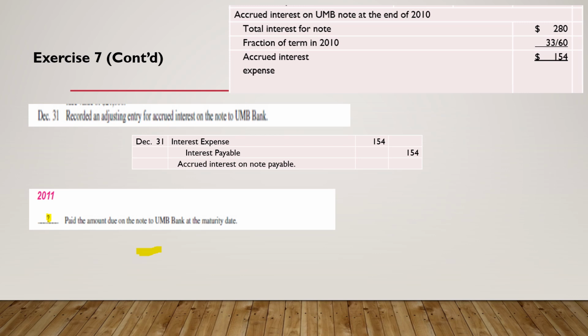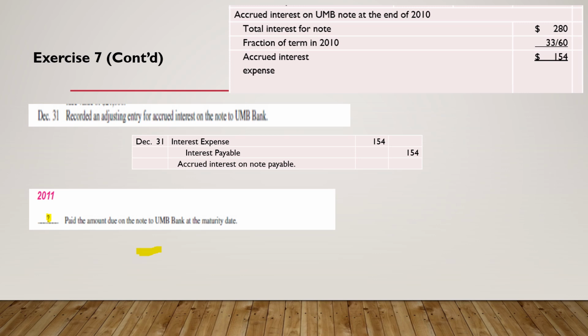Let's see here. I record the interest expense for the 27 days in 2011. What are the 27 days? This note was taken on November 28th, and the maturity date is on January 27th, 2011. So in 2011, there are 27 days on which the note will last. So the debit interest expense was 126. 126 is the interest for these 27 days.